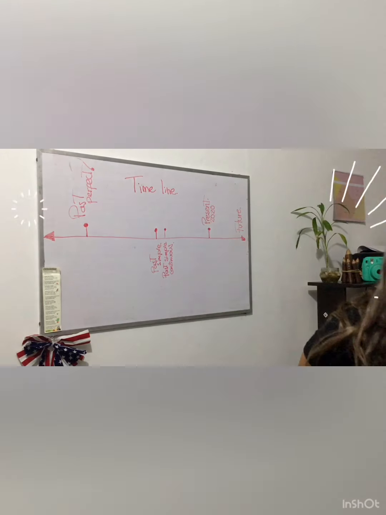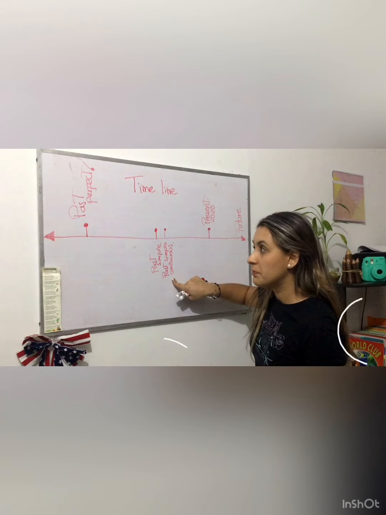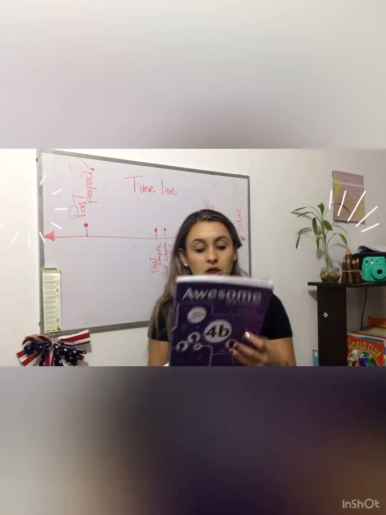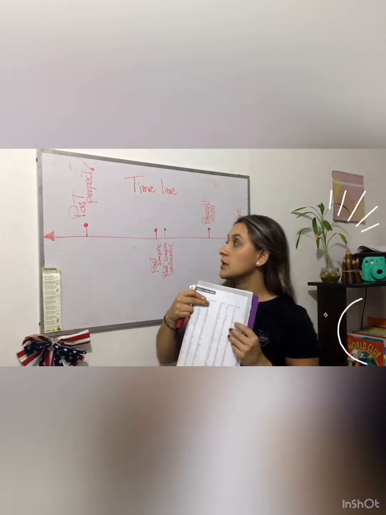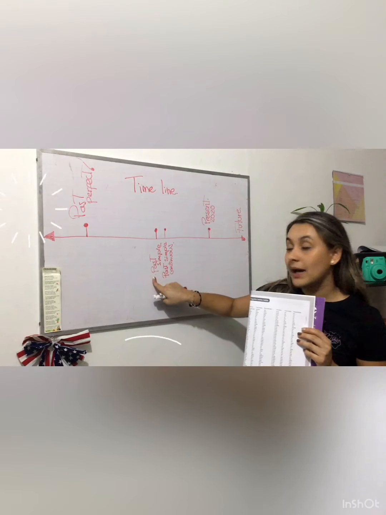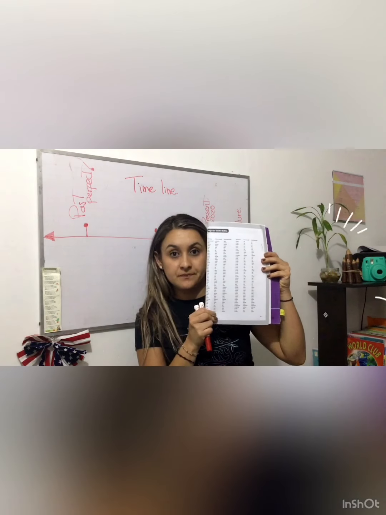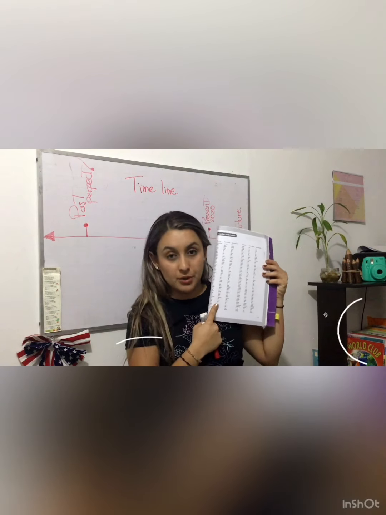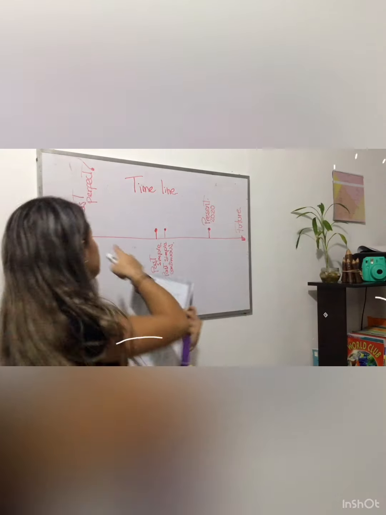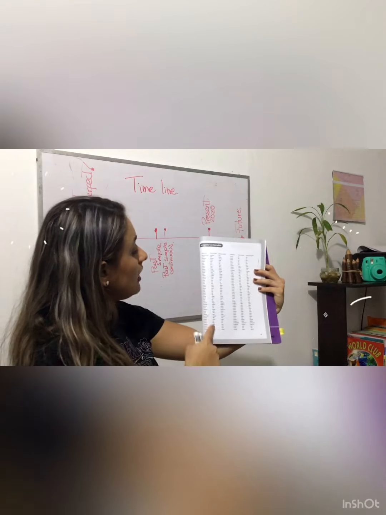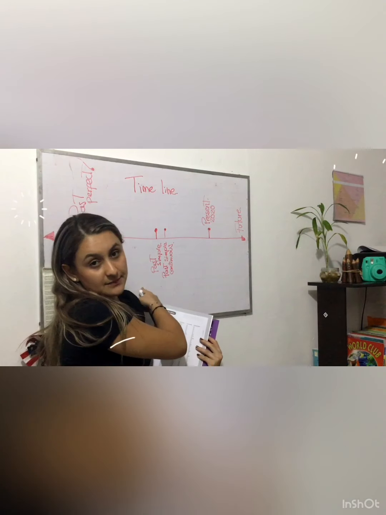Second, if you want to write in simple past or past perfect, you need to use the verb list, okay? If you want to use past perfect or past simple, you need to use this, okay? The list with the verbs. Remember, we use the third line for past perfect and we use the second line for simple past, okay?